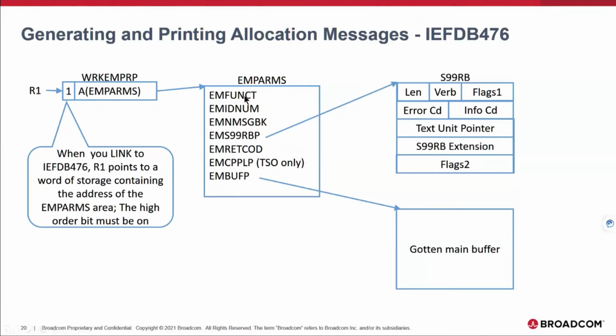This function code, you say, I'm using SVC99. I've got SVC99 messages. You tell it how many messages there are, and then you have this pointer that points to the SVC99 request parameter list, and then it, of course, has that pointer to the extension, so it's got access to that whole parameter area. And then here's where you store the address of that buffer that you acquired, and it will format the messages in that area.